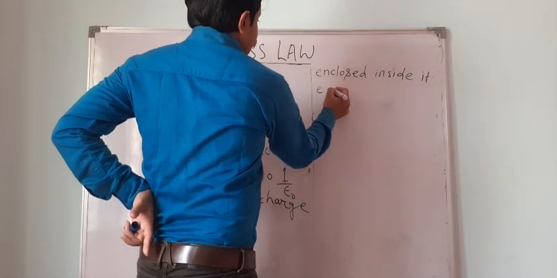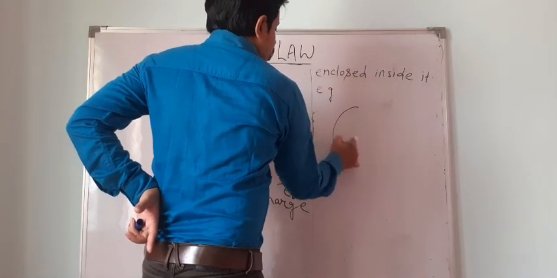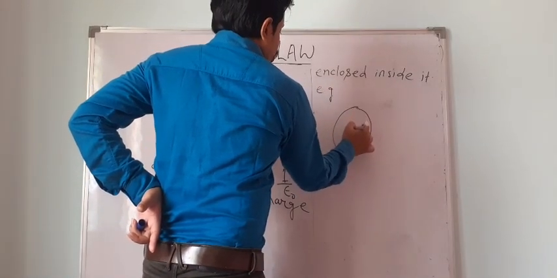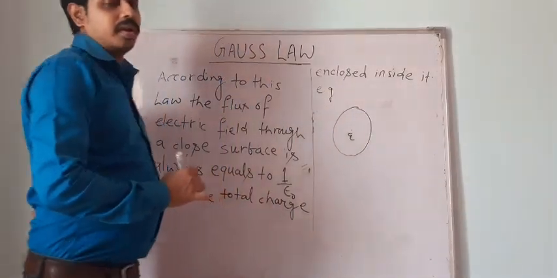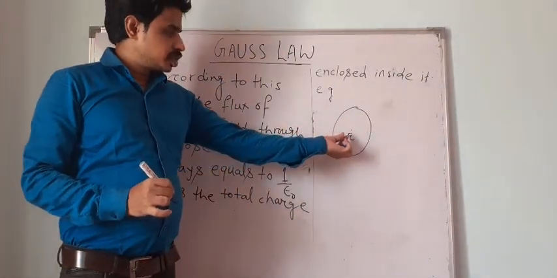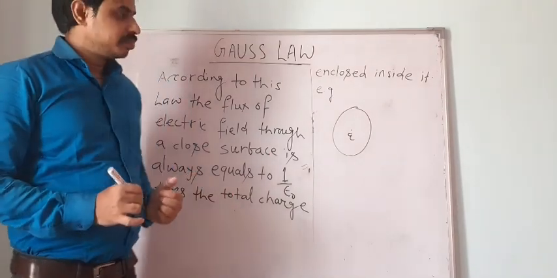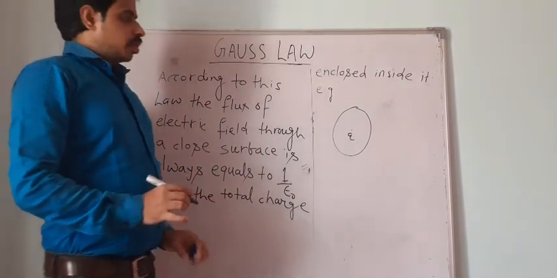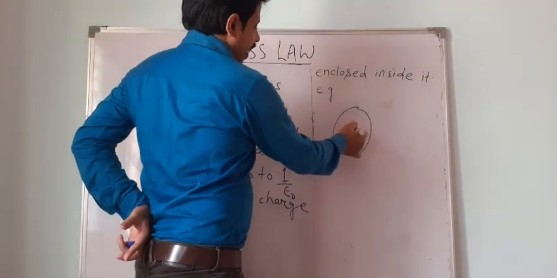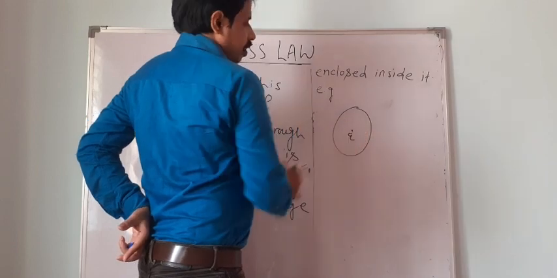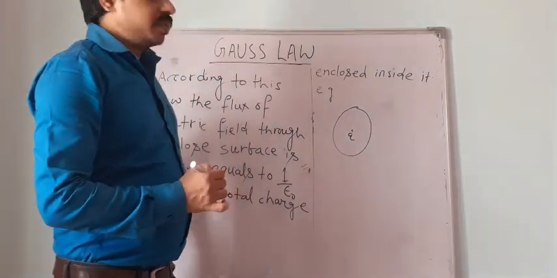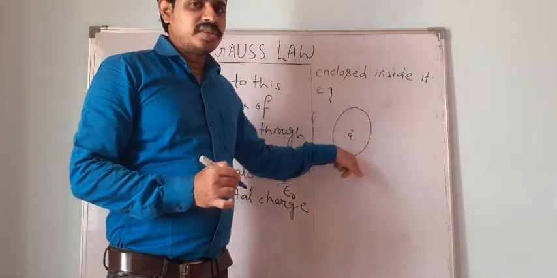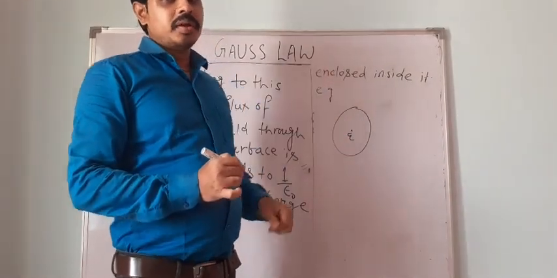For example, suppose this is my closed surface and there is a charge small q inside it. So obviously it will have its own electric field, and that electric field will have some flux associated with this closed surface.